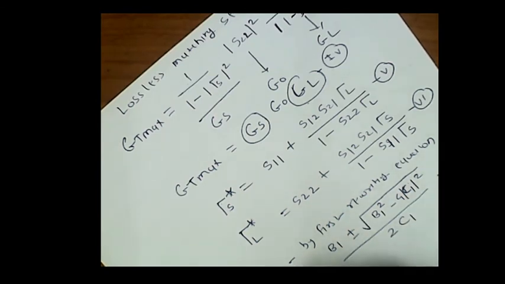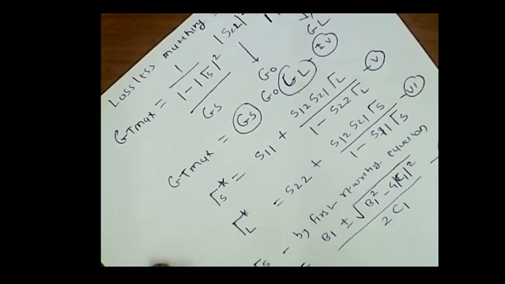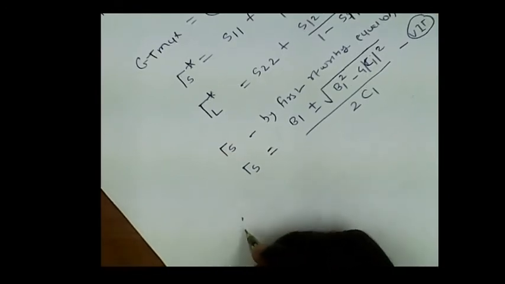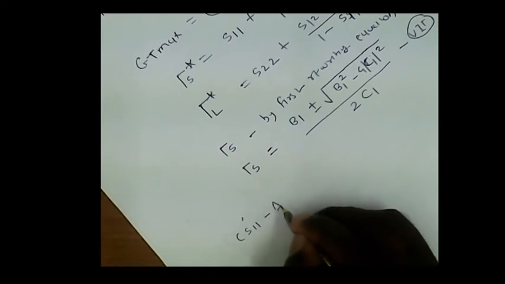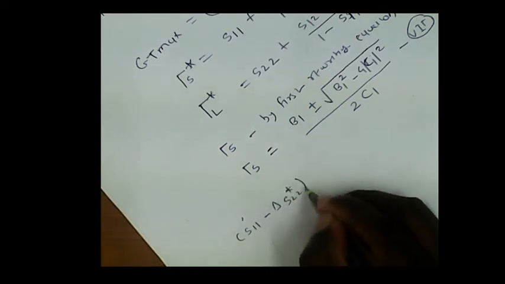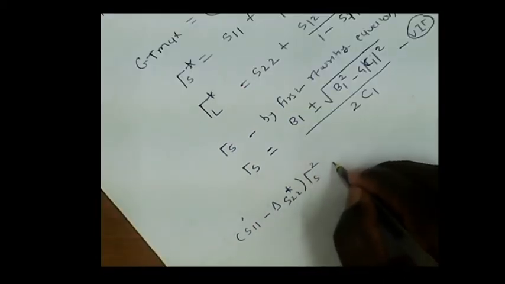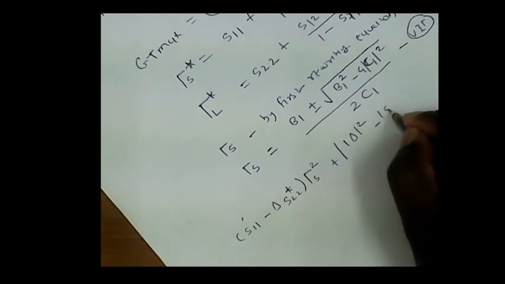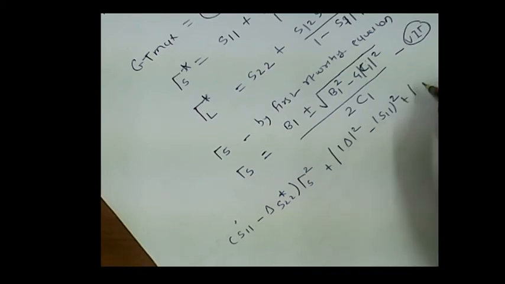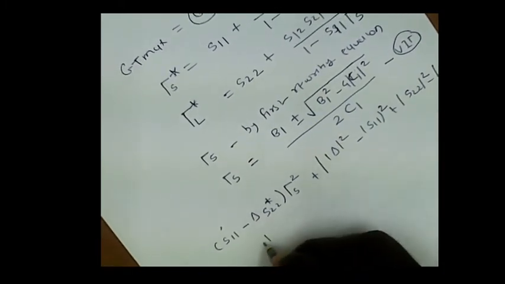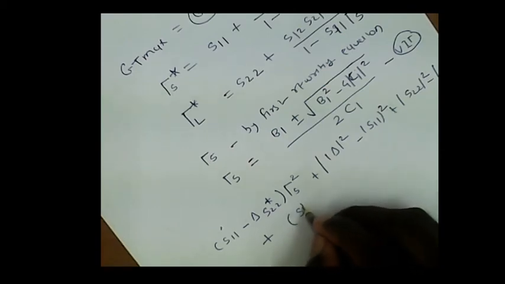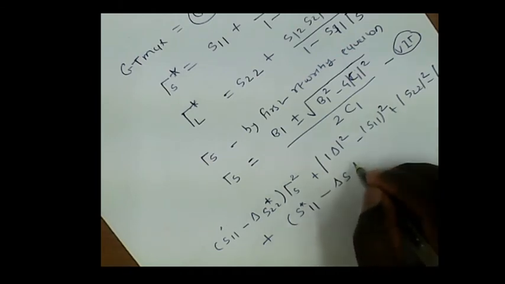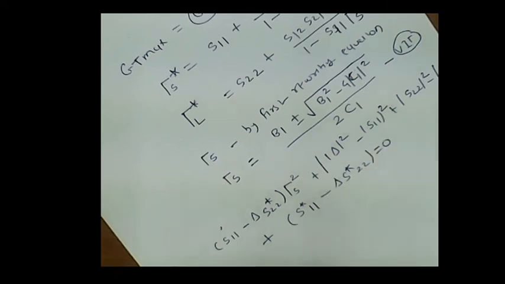By writing the quadratic equation for gamma S in the form of, see here, (S11 minus delta S22 star) gamma S squared plus (delta squared minus S11 squared plus S22 squared minus 1) multiplied by gamma S plus (S11 star minus delta star S22) equal to 0.